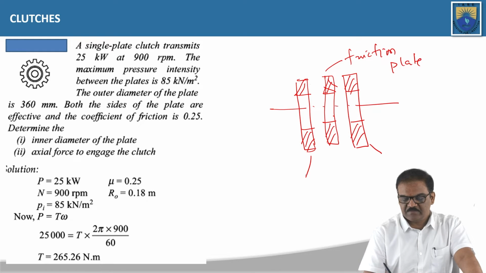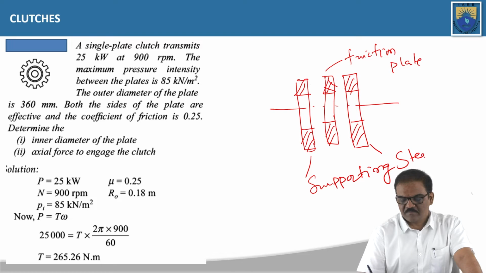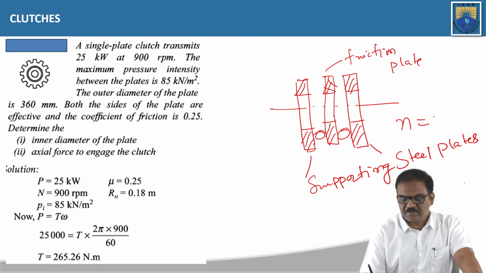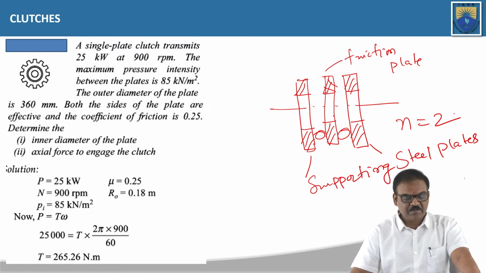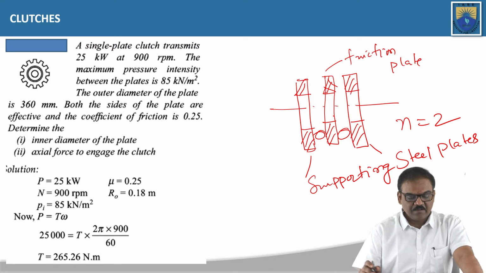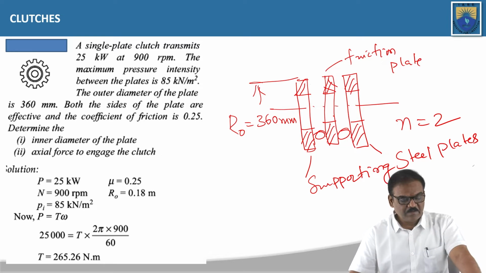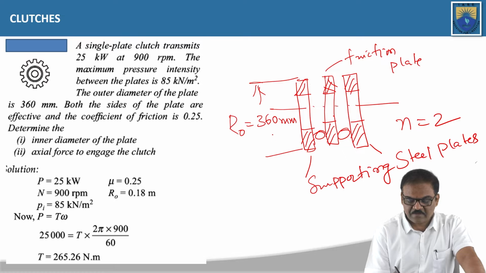And this one and this one are supporting steel plates. And these two surfaces are effective, therefore n is equal to 2, in a similar way. And the outer diameter is given as 360 millimeters.